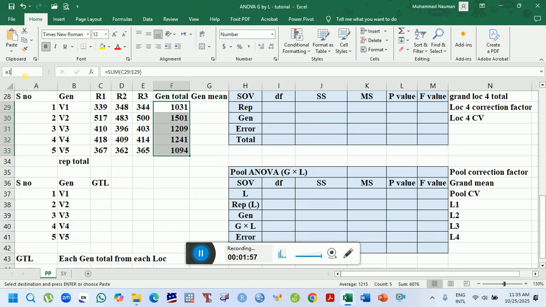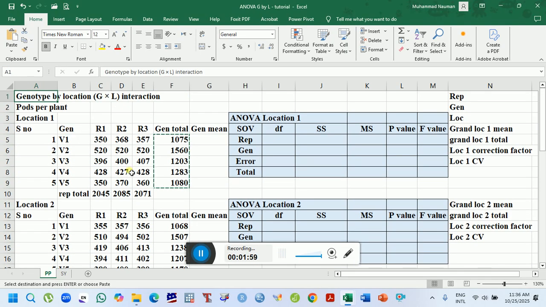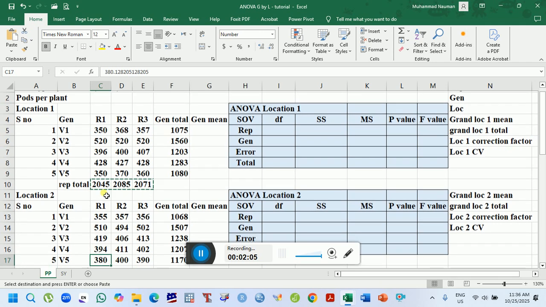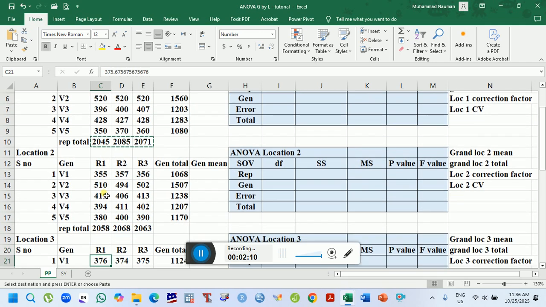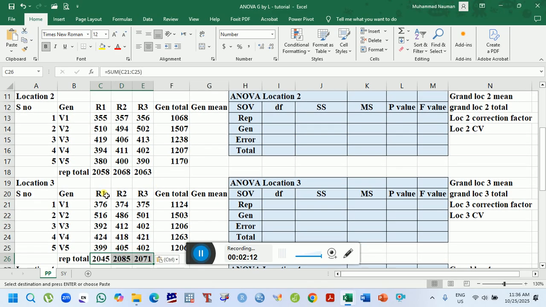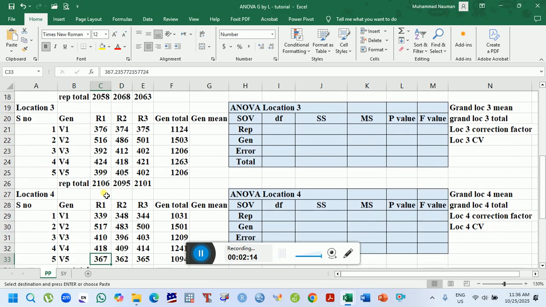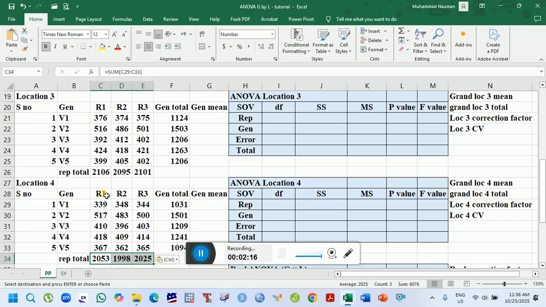Go to first cell now, copy this rep total, control V, control V.